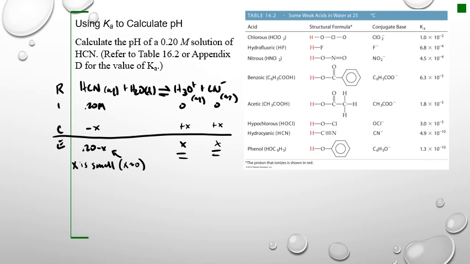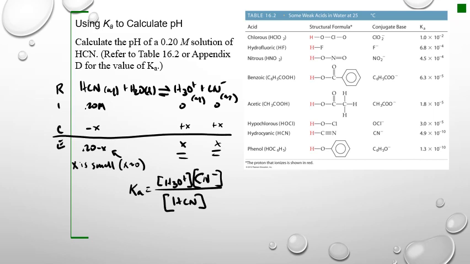From our little chart over here, in one of the previous problems, you can see that at 25 degrees Celsius, the HCN has a Ka value of 4.9 times 10 to the minus 10th. So I would set up my expression: H3O+ times CN- over HCN.